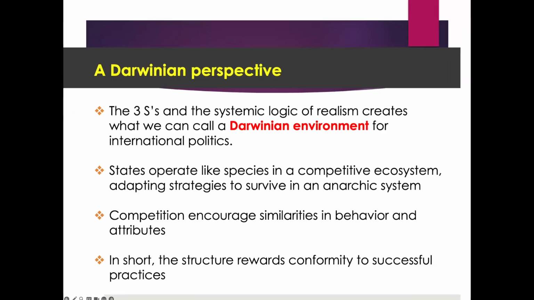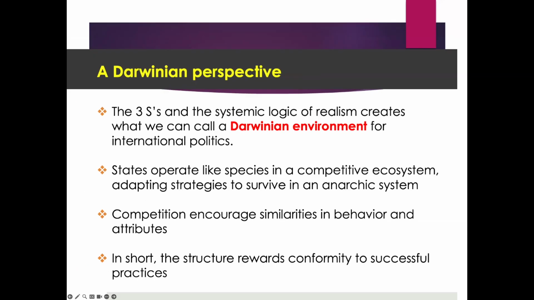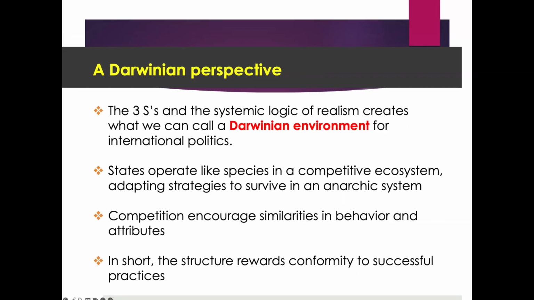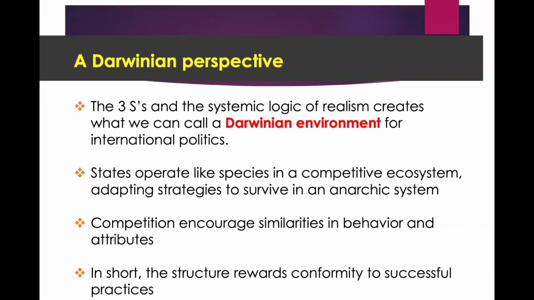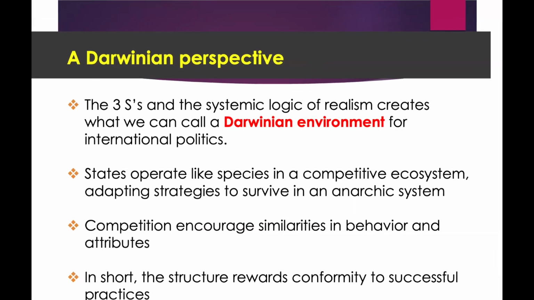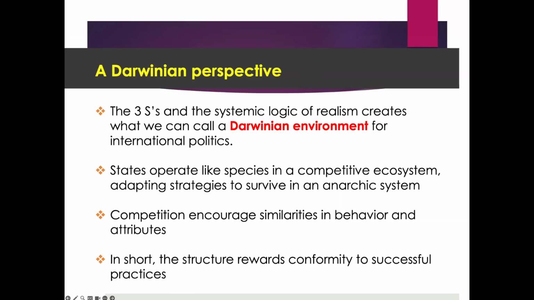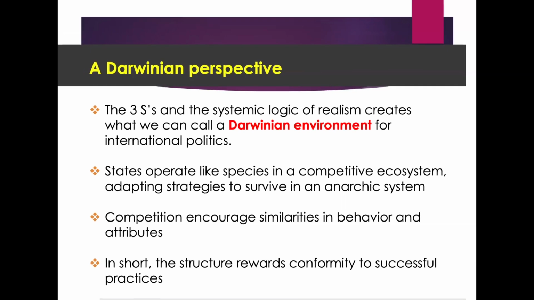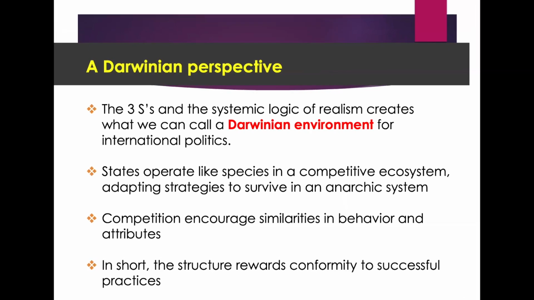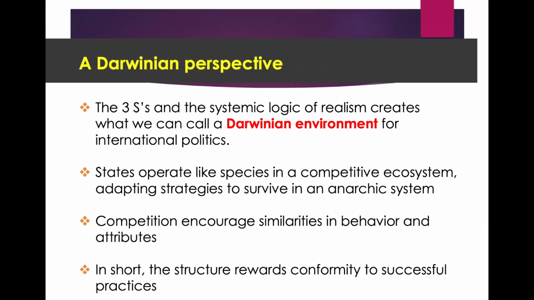In many ways, realism offers a Darwinian perspective. The three S's and the systemic logic of realism create what we can call a Darwinian environment for international politics. States operate like species in a competitive ecosystem, adapting strategies to survive in an anarchic system. Competition further encourages similarities in behavior and attributes.